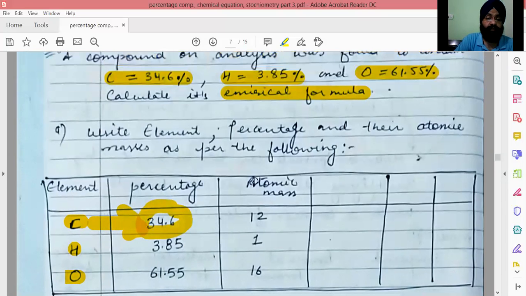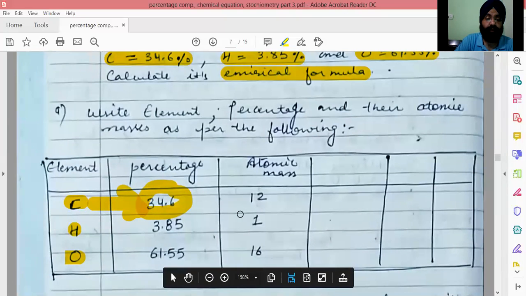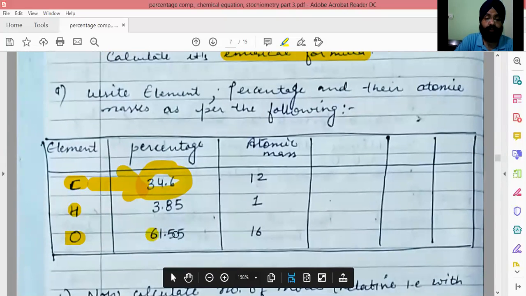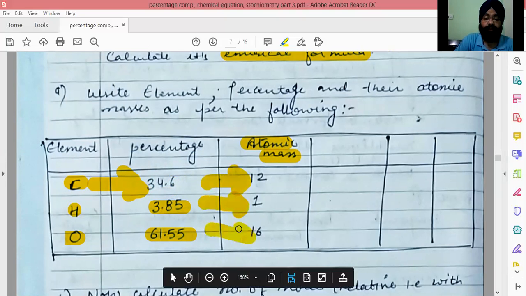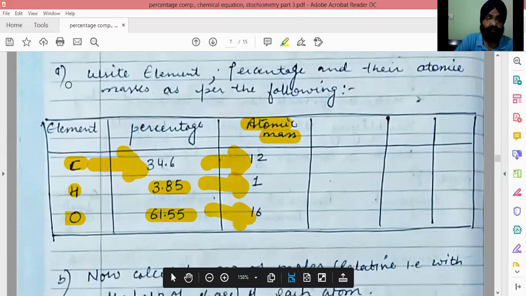For example, for carbon it is given 34.6, for hydrogen 3.85, and for oxygen 61.55. Then, in the next column, write the atomic masses of all the elements constituting the compound. This is the first step.